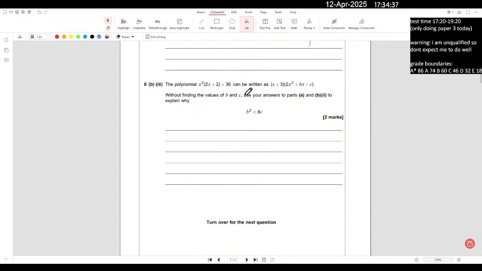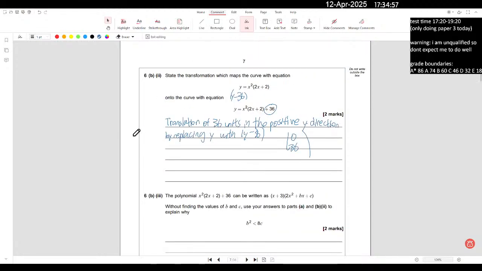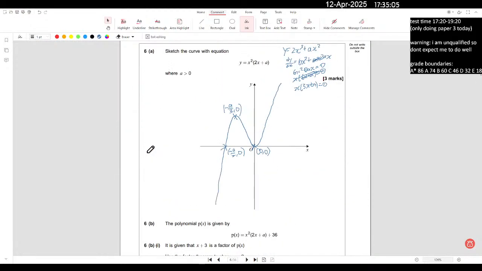Without finding the values of b and c, use your answers to part A and B part 2 to explain why b squared is less than 8c. Okay. It's plus 36. What did I do in A? It's a sketch, right?